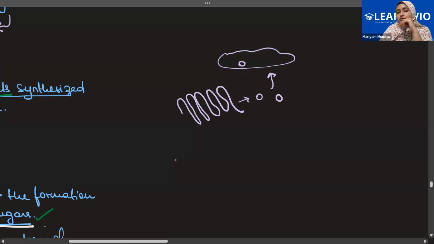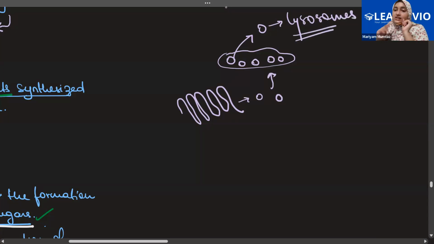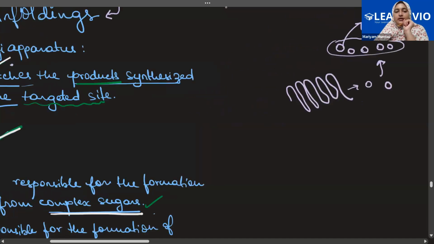Now the Golgi apparatus will start packaging it and making them in the form of vesicles, meaning storage pods. And when they release it, these are known as lysosomes. So this is how the Golgi apparatus makes lysosome, which is another cell organelle. Clear?